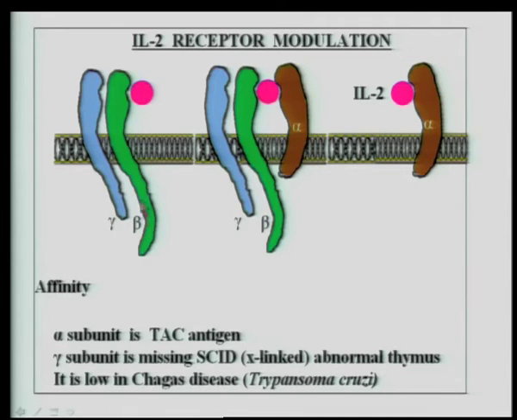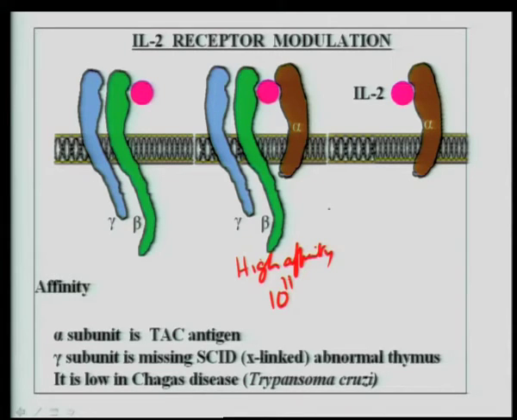In other words, there is a transmembrane transducing event, which then induces this particular gene on the cell surface, and more of alpha subunit comes out on the cell surface, which binds to this beta gamma subunit, making this particular complex a high affinity receptor, which has something like 10 to the 11 molar Kd.